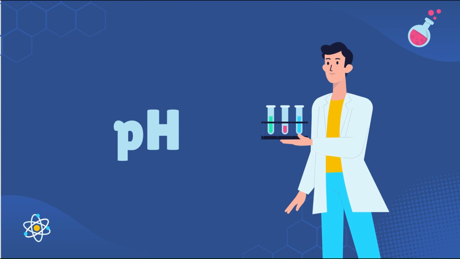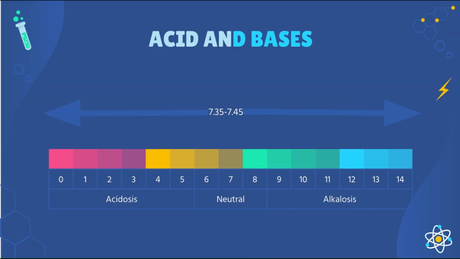Now, when it comes to the pH, that's the first thing you look at. The first thing you determine in an arterial blood gas is whether the blood is acidic or basic. Obviously, it is general knowledge that when it comes to acids and bases, the lower it is on the pH scale, the more acidic something is.